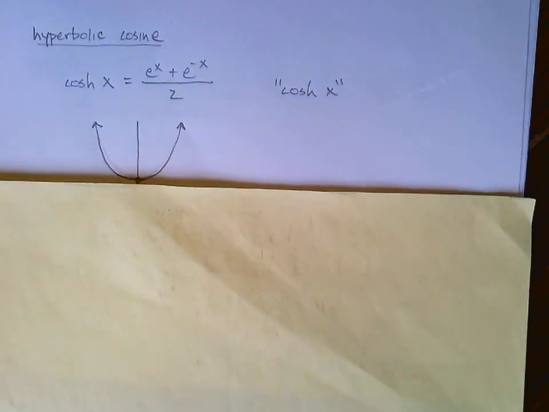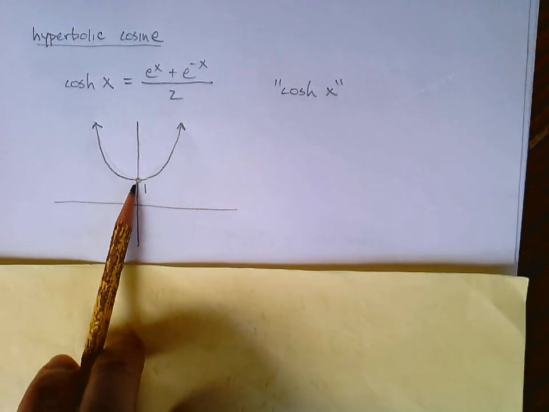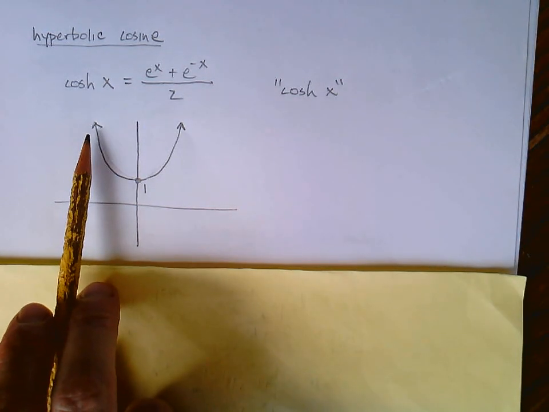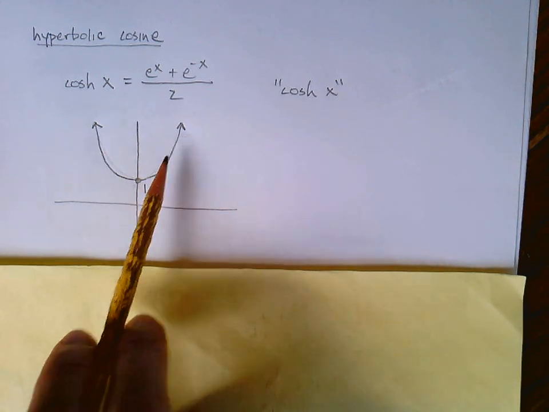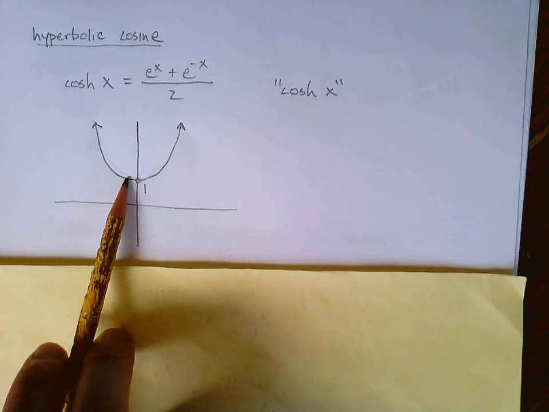And I'll give you a quick sketch of what this graph would look like. y equals cosh x. The only connection to the graph of cosine is that it passes through 0, 1. So the hyperbolic cosine of 0 equals 1 as well. And then it's got this shape, and that almost looks like a parabola, right? It's not a parabola. It's wider here at the bottom.